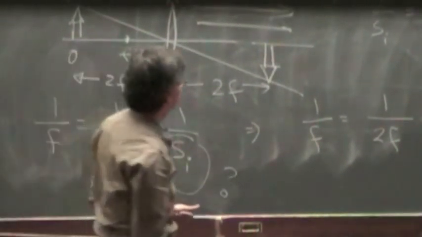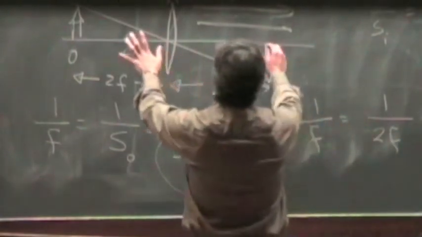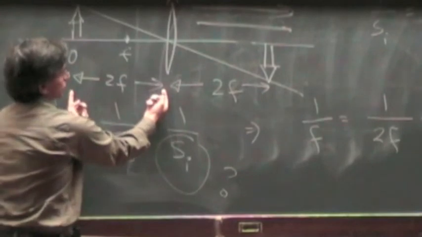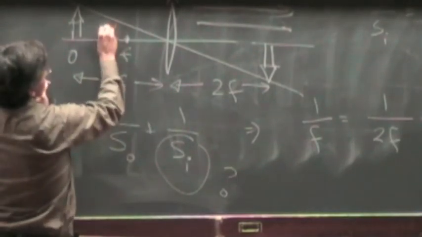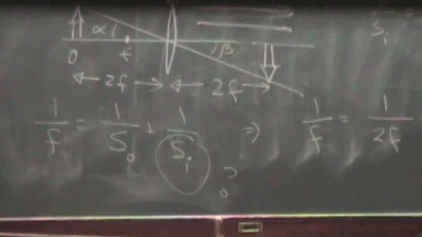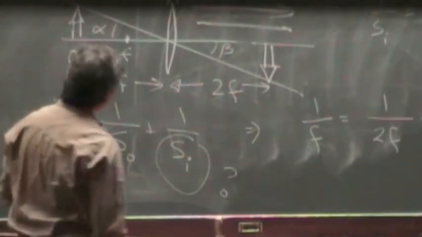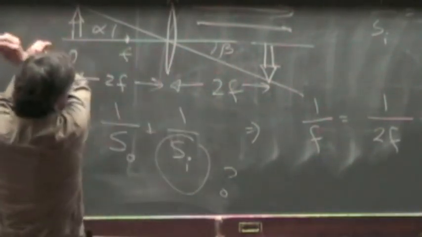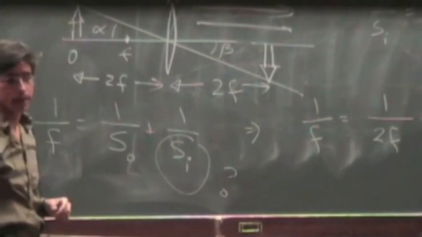Okay? So, back to the question about the size. This distance is 2f, this distance is 2f. This angle, that I'm going to call alpha, how does it relate to beta? Should be the same, right? Because it's just the angle formed between the horizontal and a line that crosses the horizontal at some angle.